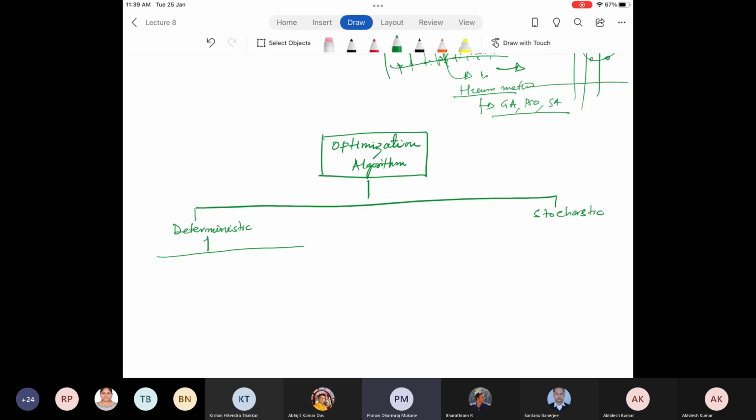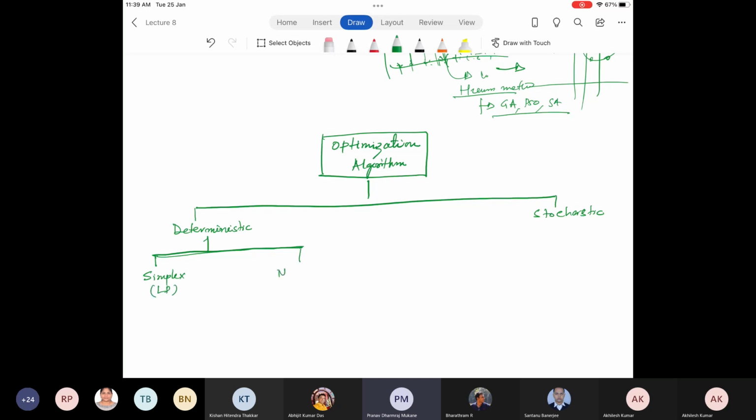The simplest local search technique is hill climbing. If you take any course on algorithms, hill climbing is the most basic technique. But let's look at deterministic. What are the scope? First one is simplex, which you have studied in linear programming.